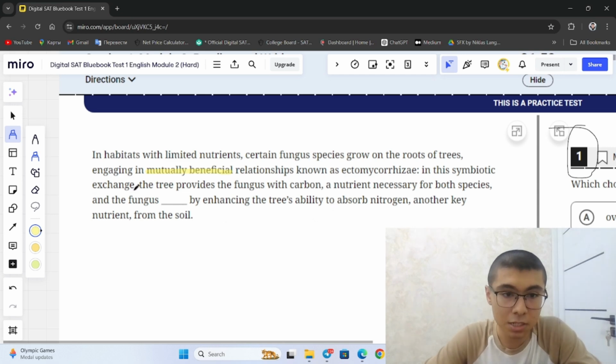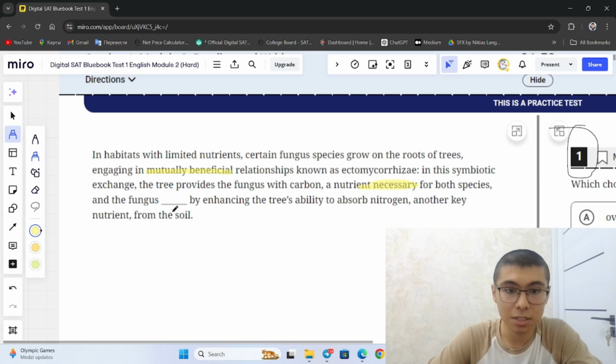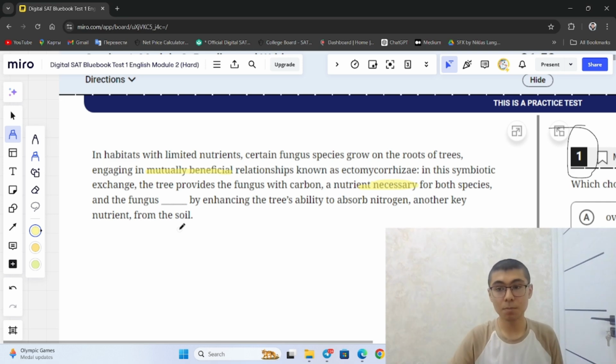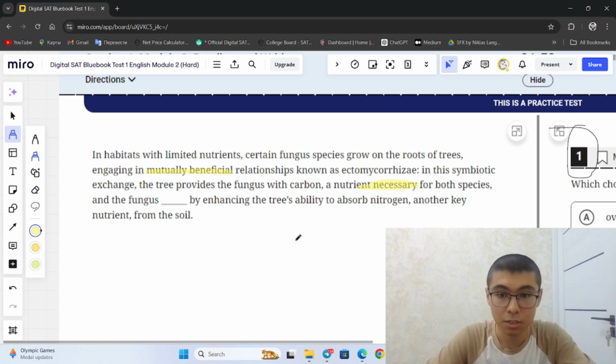So in this sort of exchange, the tree provides the fungus with carbon, a nutrient necessary for both species. And the fungus does something by enhancing the tree's ability to absorb nitrogen, another key ingredient from the soil. So I want a verb that is related to mutually benefiting both species.